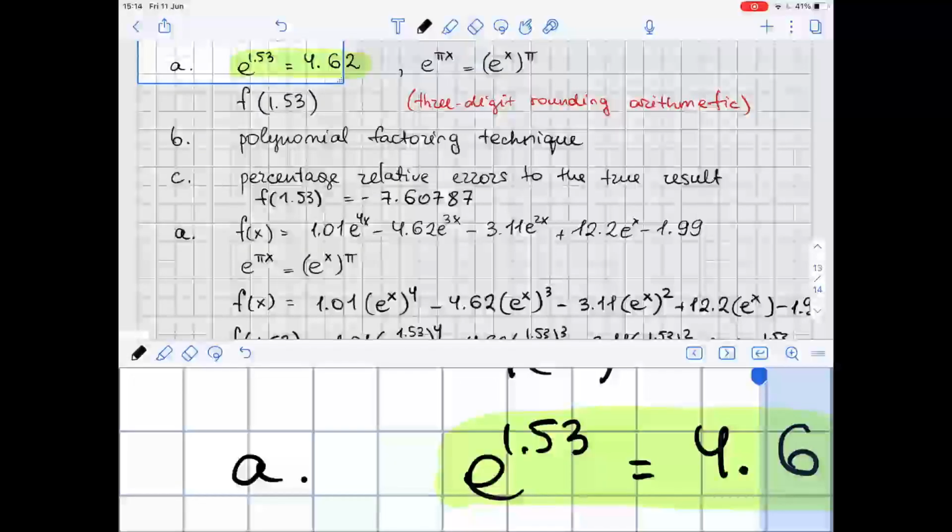So now we have this expression, and the last thing we need to do is just to evaluate it.